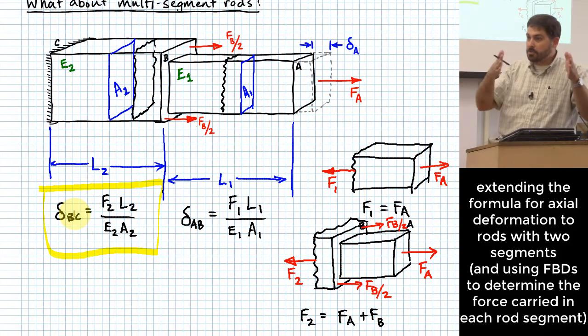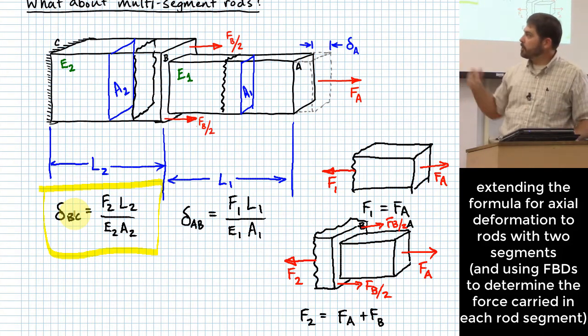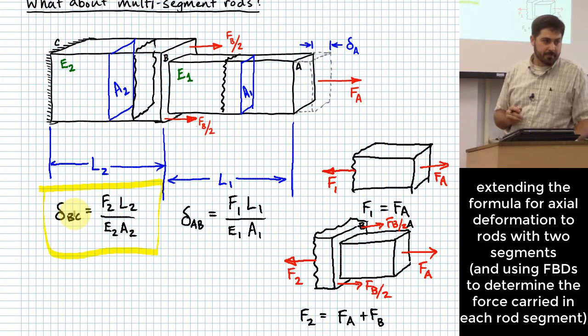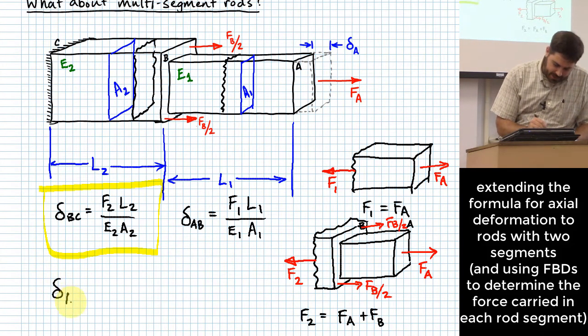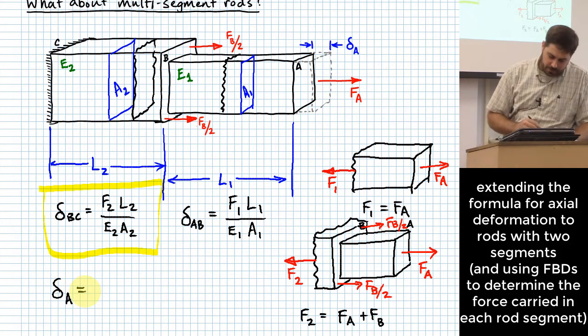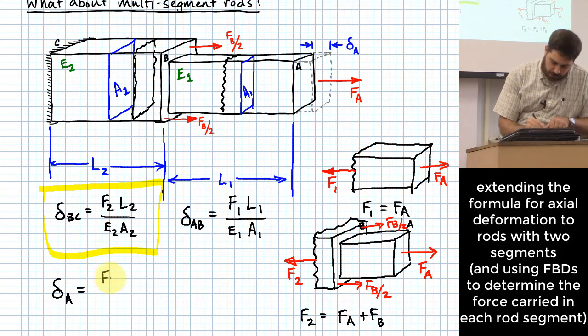And if I add those two changes together, then I'll get the total amount of change at point A, okay? So when I write this down, I'll say delta A is going to be equal to F1 L1 over E1 A1 plus F2 L2 over E2 A2.